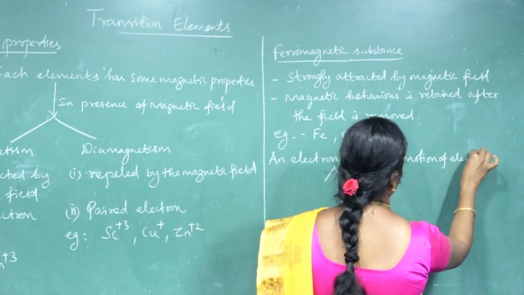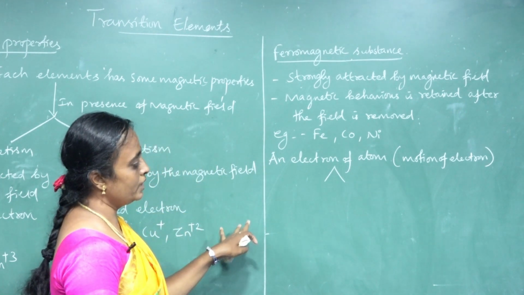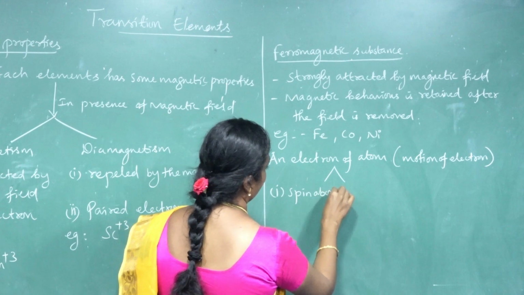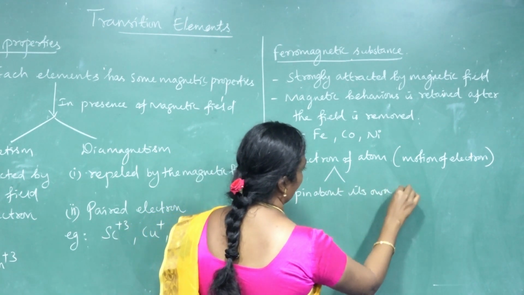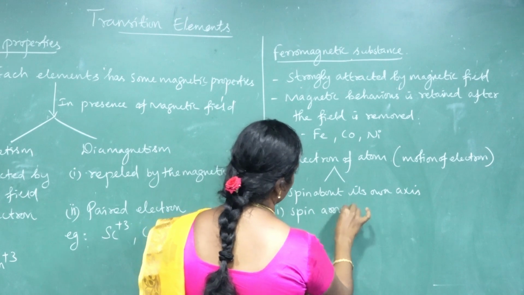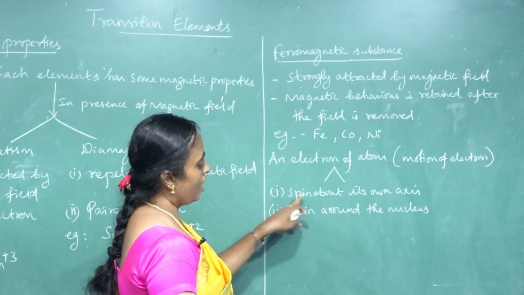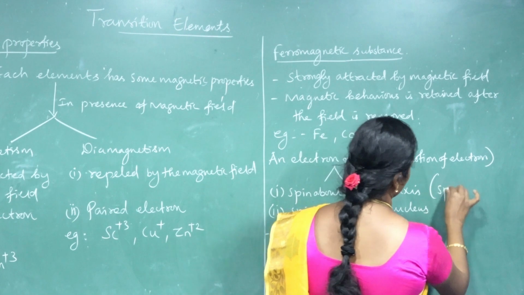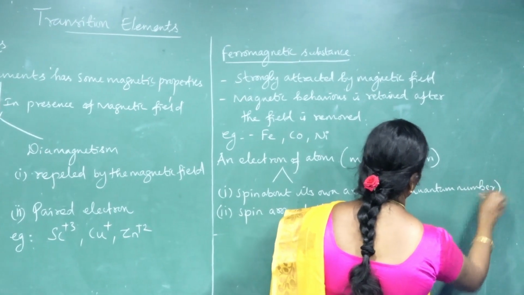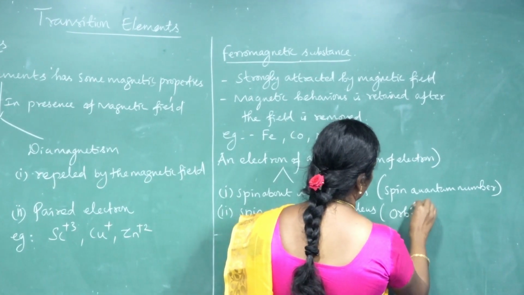An electron spins about its own axis, and it also moves around the nucleus. The spin about its own axis is given by the spin quantum number, and the motion around the nucleus is given by the orbital quantum number.